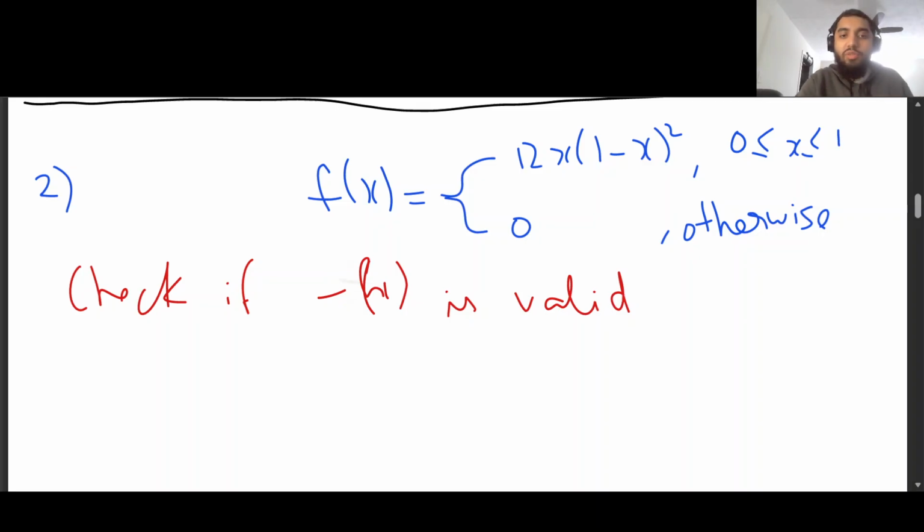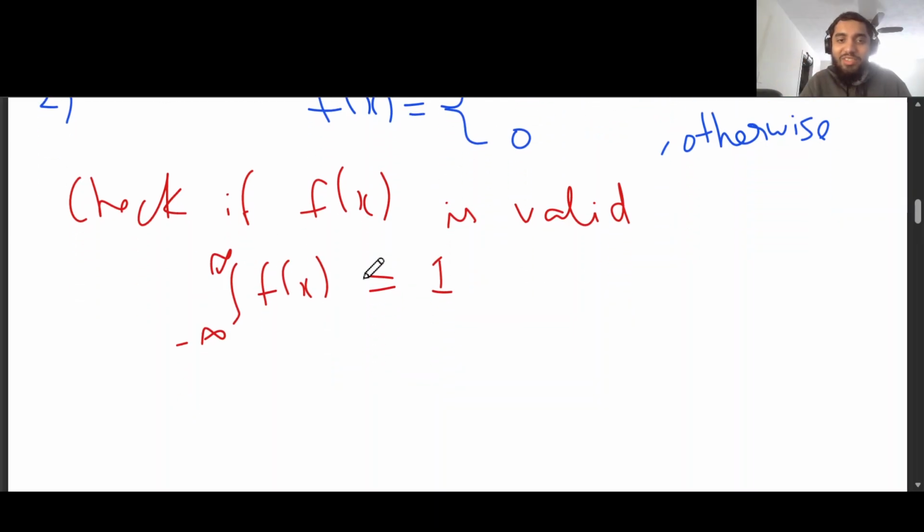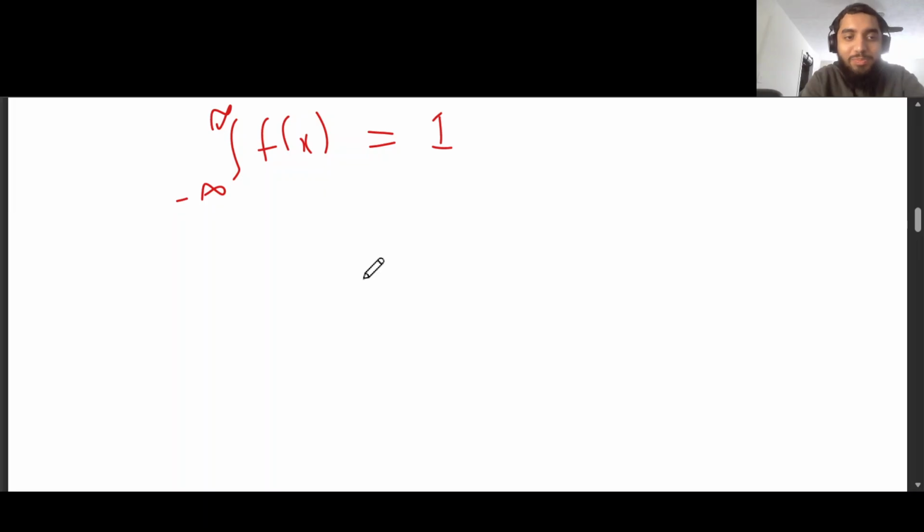So you would want to do the integral of f of x from negative infinity to infinity and see that it's equal to 1. I'll leave that as an exercise for you all. I'll just directly go into calculating the expected value.